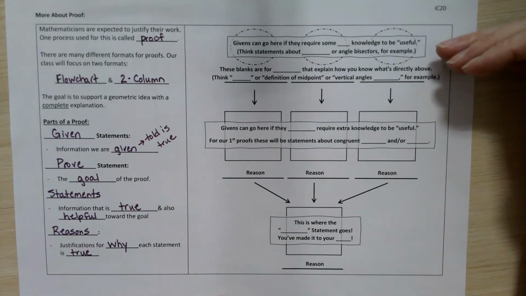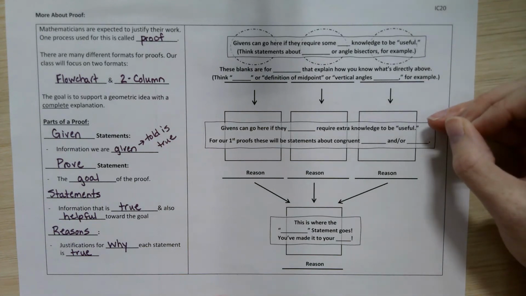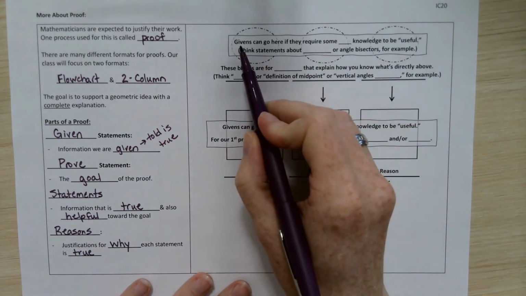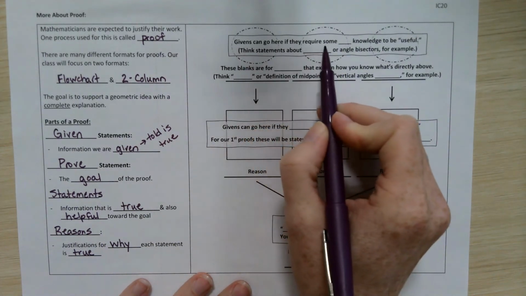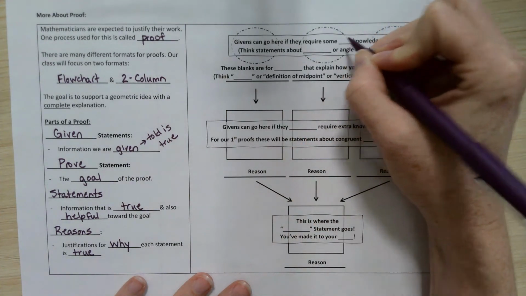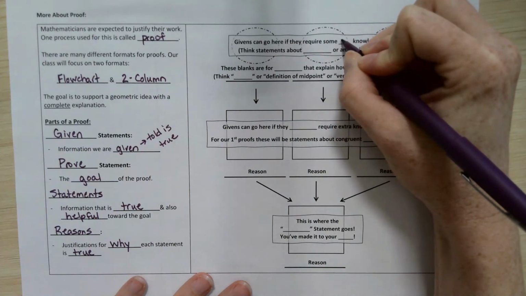And so we're going to try to get a good idea of what would be in a bubble versus what would be in a box versus what would be at the bottom in that final box. So up here in these bubbles, you're going to write down givens if they require some extra or additional or new knowledge to be useful.